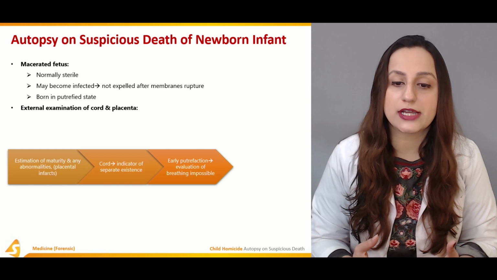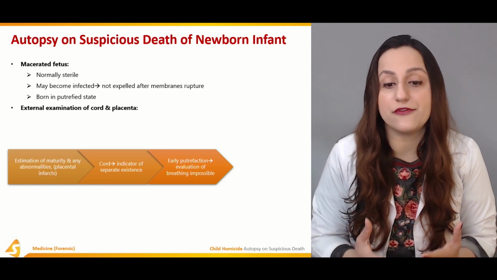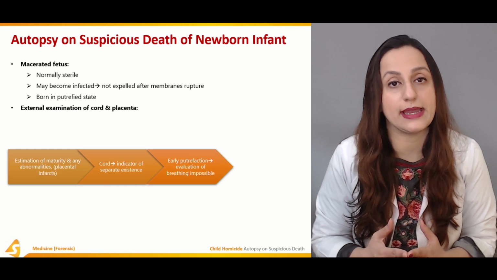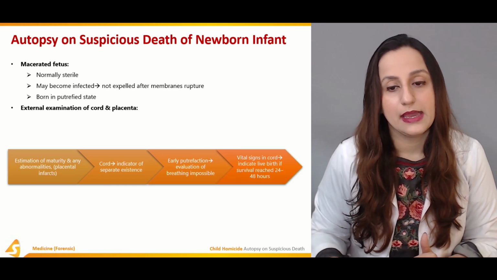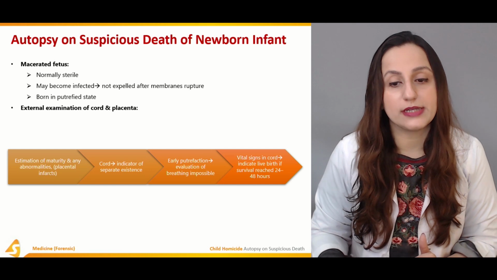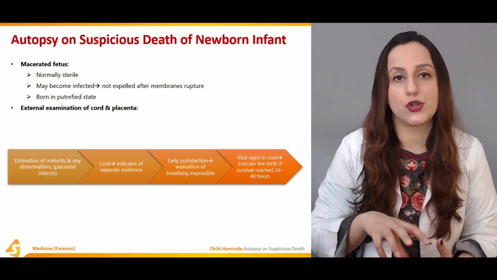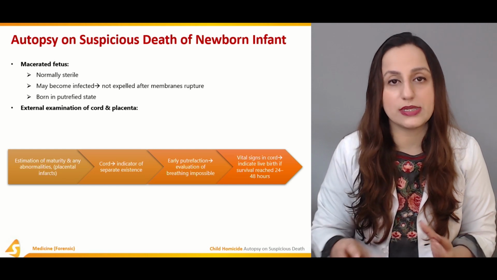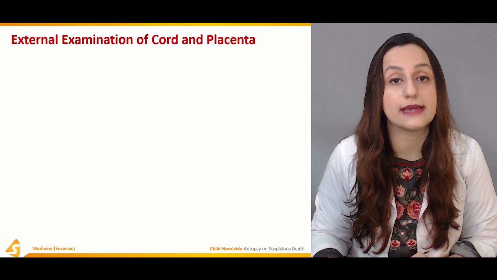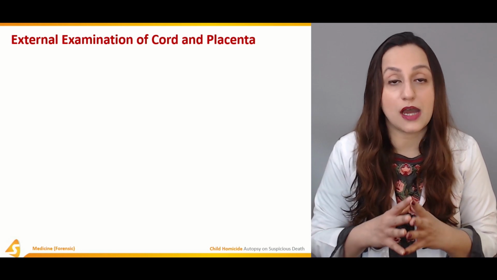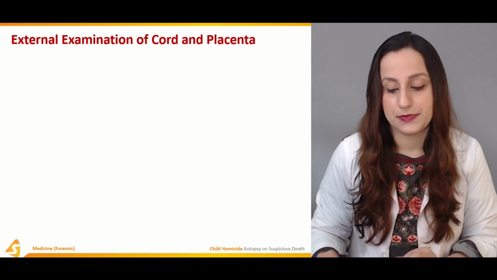And early putrefaction basically gives you an evaluation that breathing is impossible for such a child of stillbirth. Now, the vital signs in the cord indicate live births. If survival has reached 24 hours, that is basically the neonatal period, till 48 hours, that is 2 days after the delivery has taken place.